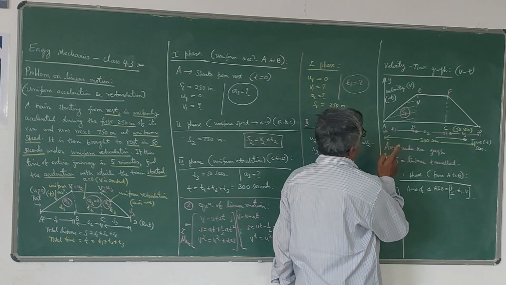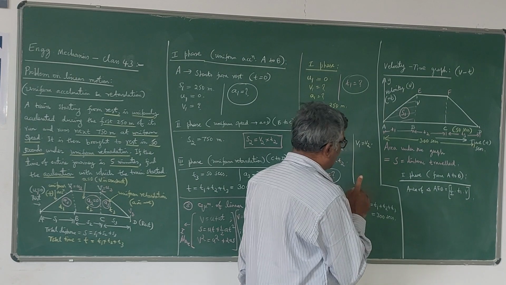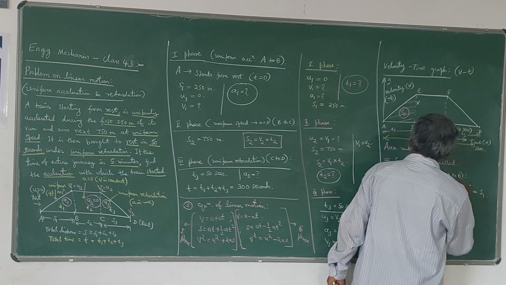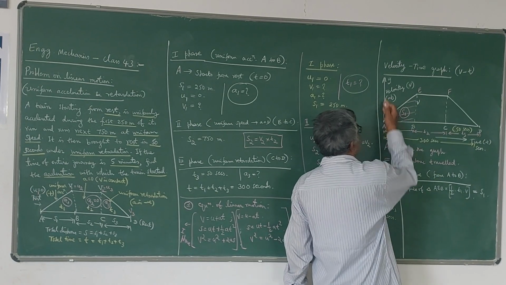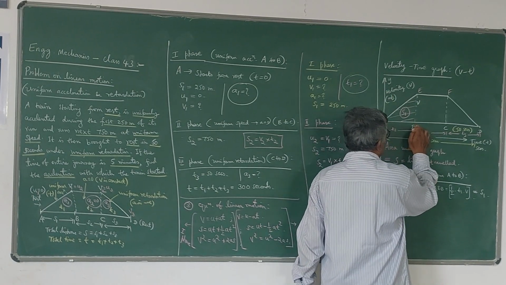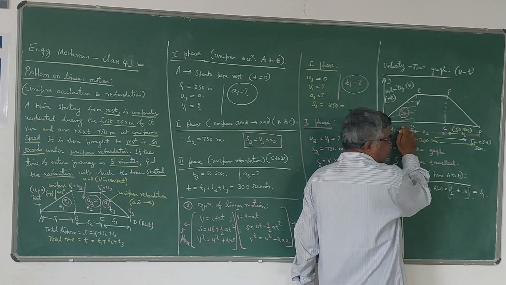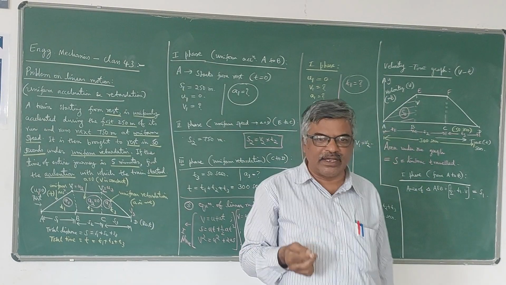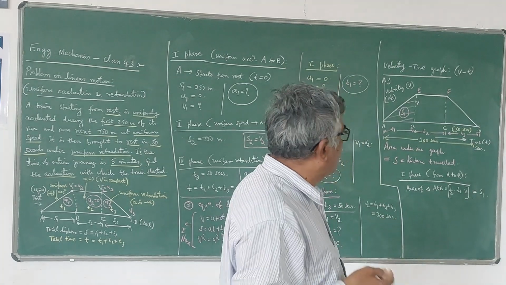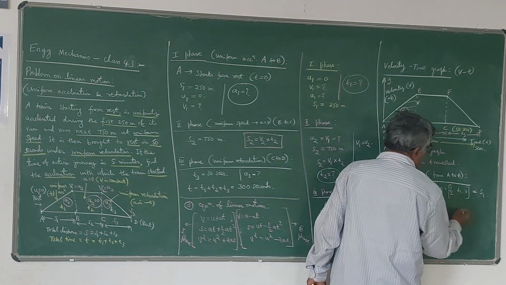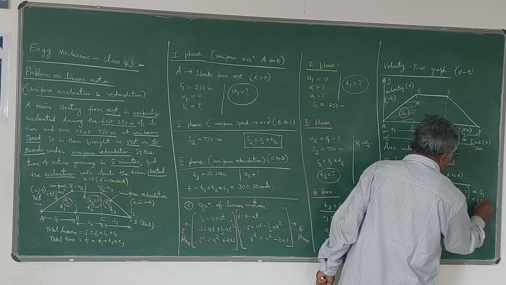Here both V and T1 are not known, but this area is nothing but S1. I have told you, because the ordinate is velocity and the abscissa is time, if you take the area, it is velocity into time. Velocity is meter per second, time is second. When you multiply meter per second into second, you get meters. That is displacement. So this value is 250 meters.